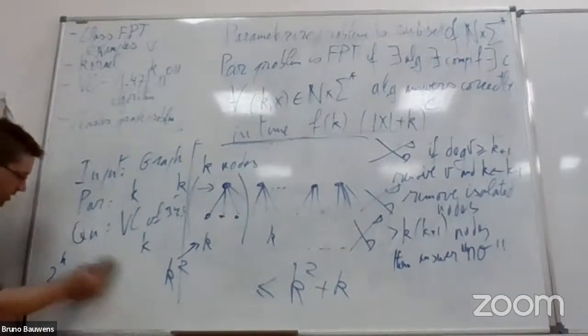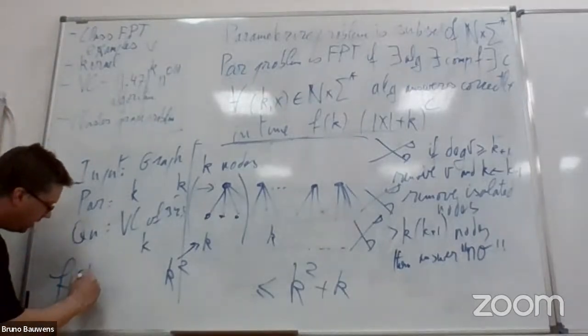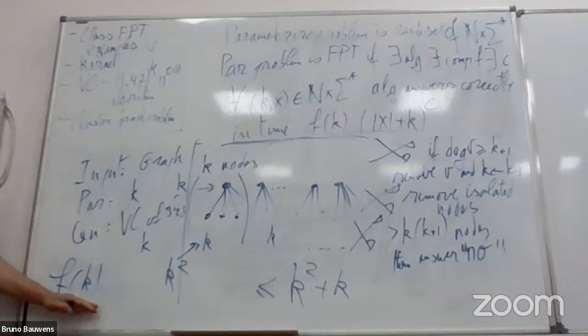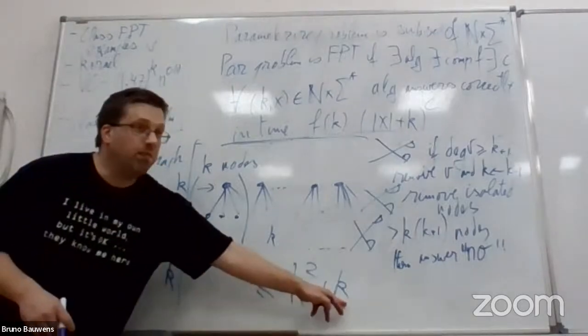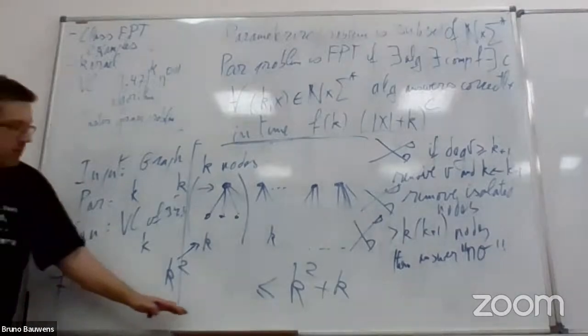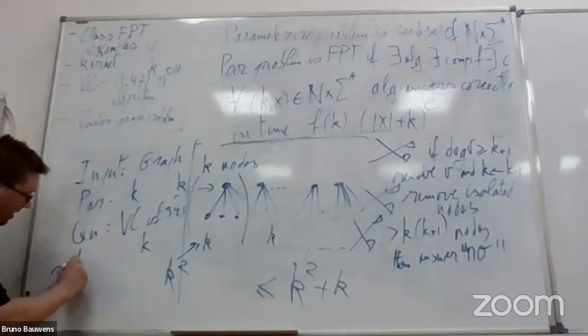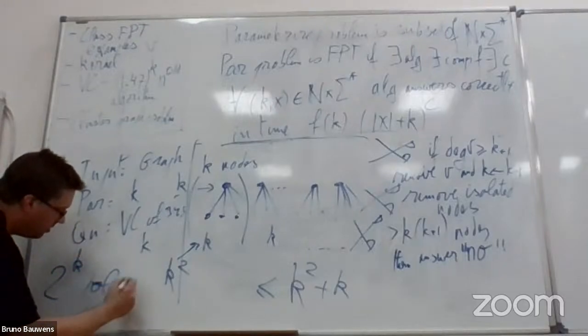So what we obtained here is that the runtime is some function f of k, which is basically 2 to the power k squared plus k for brute force search. No, sorry, it's right. And now we can run the previous branching algorithm. Sorry, what I said is correct.